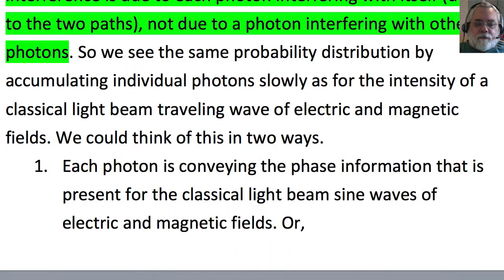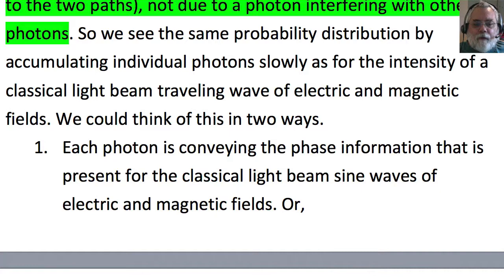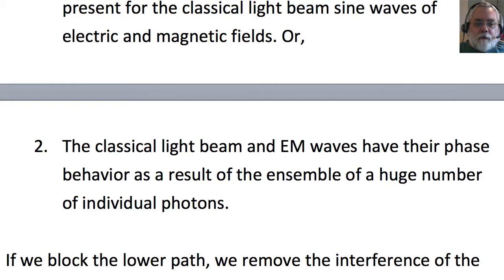We could think of this in two ways. Each photon is conveying the phase information that is present for the classical light beam sine waves of electric and magnetic fields, or the classical light beam and electromagnetic waves have their phase behavior as a result of the ensemble of a huge number of individual photons.